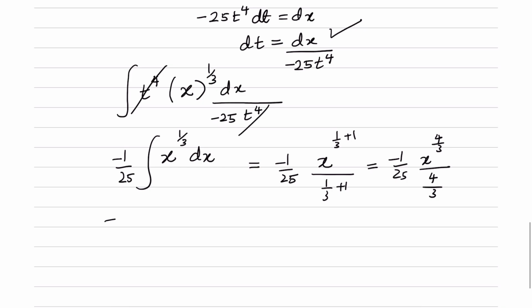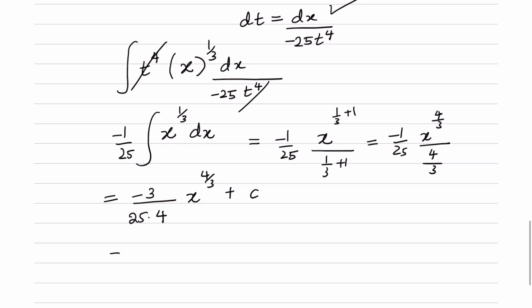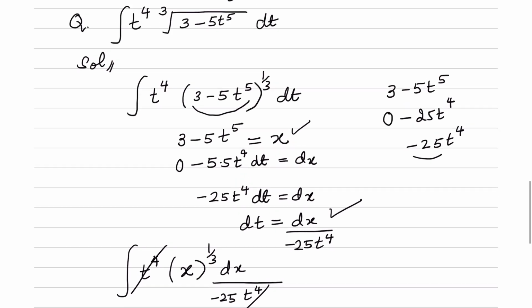We can bring this 4 by 3 up and write it as minus 3 by 25 into 4 x to the power 4 by 3 plus some constant, which could be written as minus 3 by 100 x to the power 4 by 3 plus some constant. And we have solved this integral.